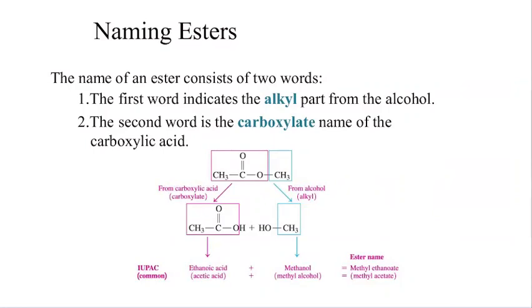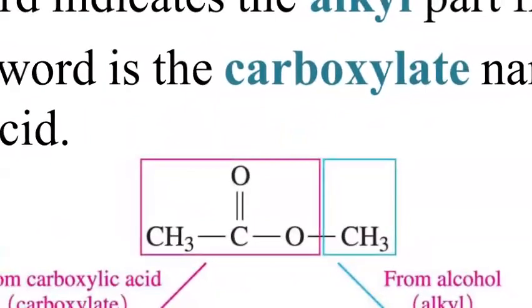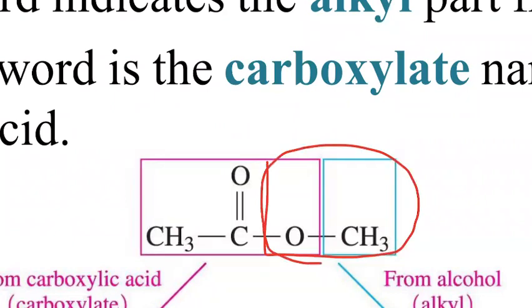So for example, you can see here that we have an ester. And when it comes to the ester, every time, this area of the molecule that I'm circling in red came from the alcohol.